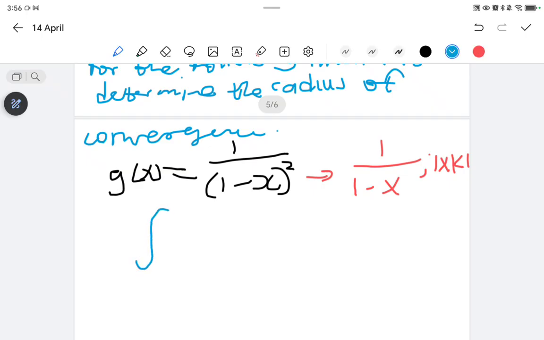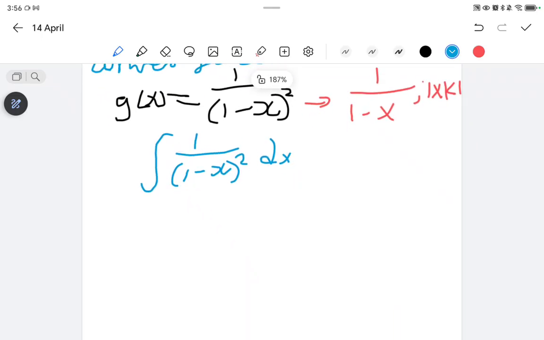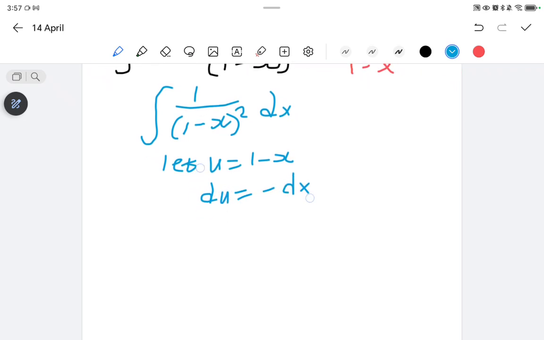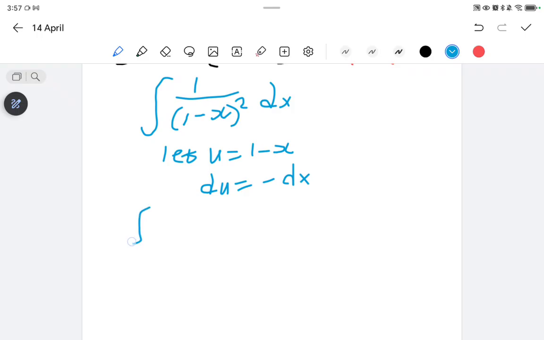If I integrate 1 over 1 minus x squared dx, I let the inside be u. Let me just use u substitution. du is equal to minus dx, which means that dx is equal to minus du, and this will be 1 over u squared times minus du.